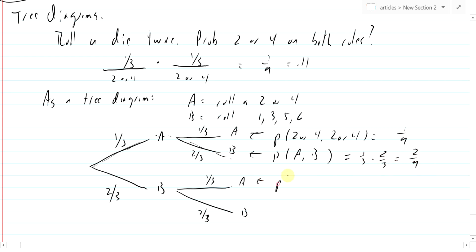And this is the probability of B and then A. What's the probability that you roll 1, 3, 5, 6, and then you roll 2 or 4? That's 2/3 times 1/3, still 2/9. And the last case is rolling a 1, 3, 5, 6 both times: 2/3 times 2/3, which is 4/9.